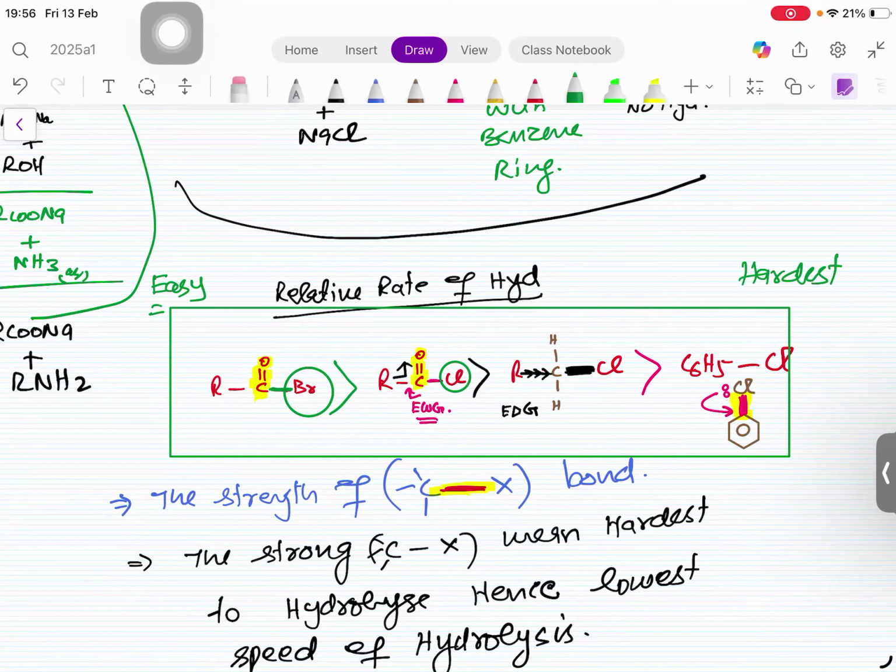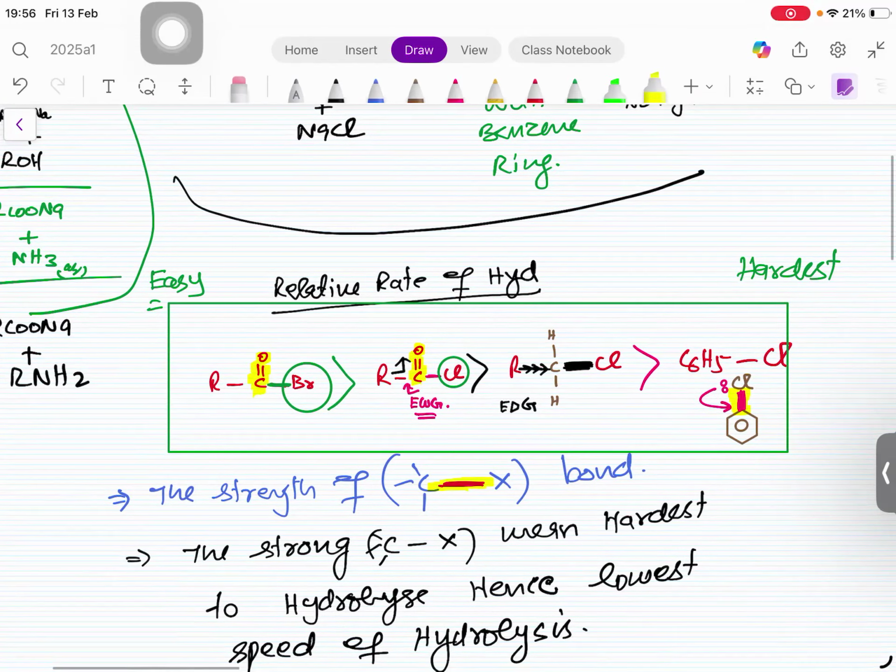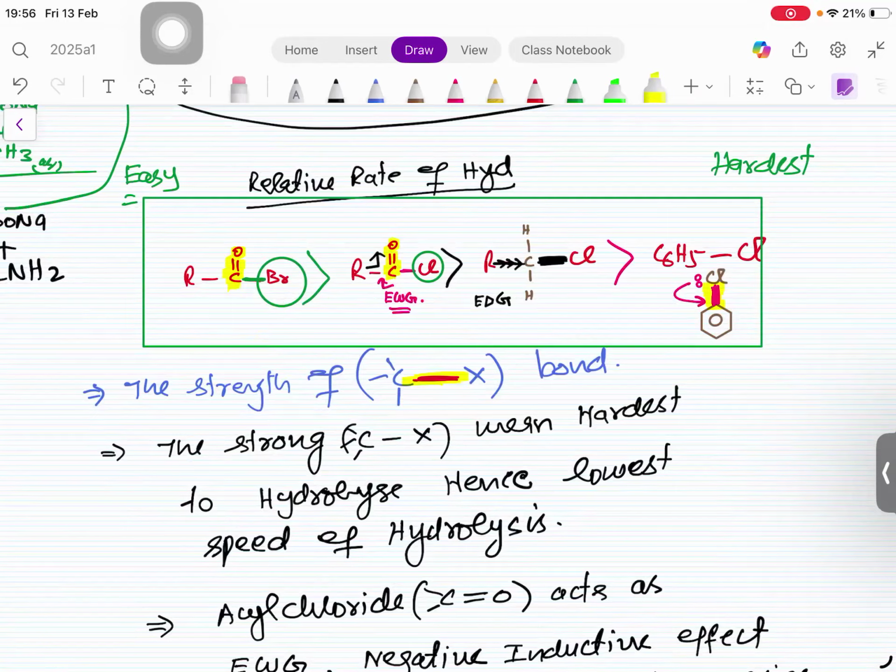And as I said before, I'm telling you again, you have to compare whenever they ask you. As far as the examination is concerned, first you put them in order like this, which one is the easiest and which one is the hardest, and then you explain them in pairs. You can't compare all of them.